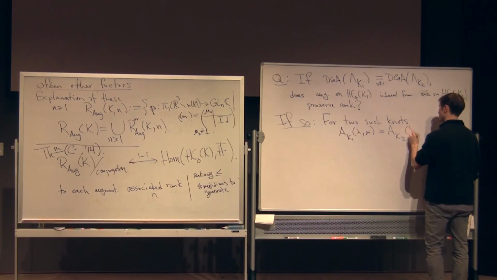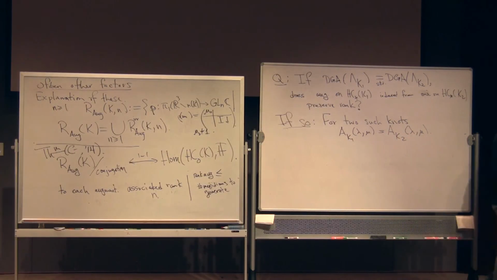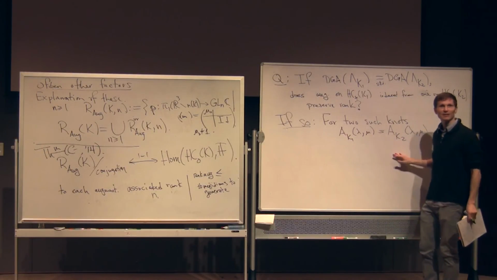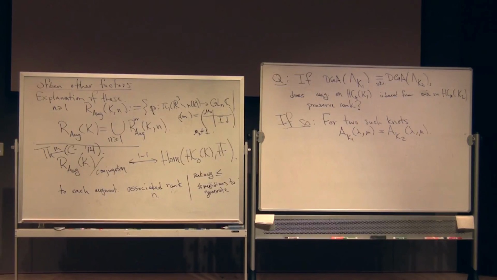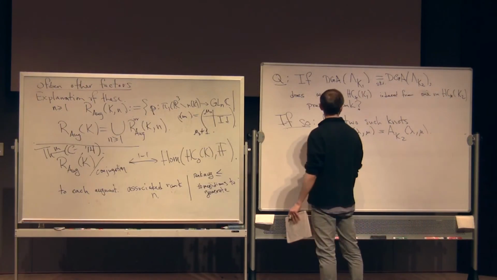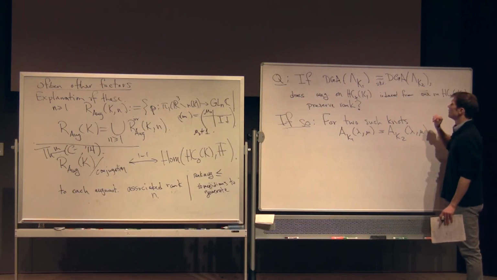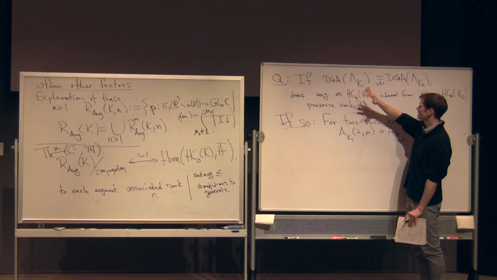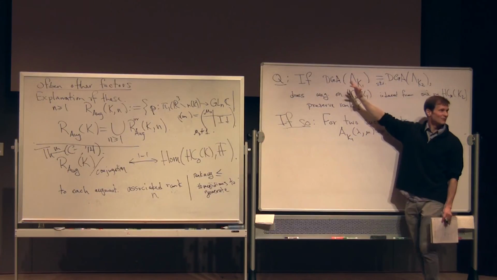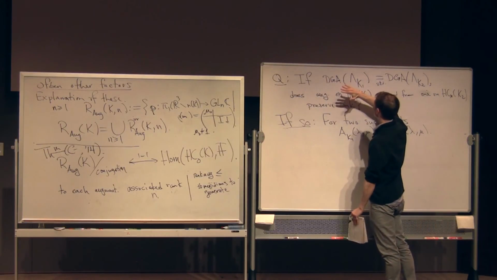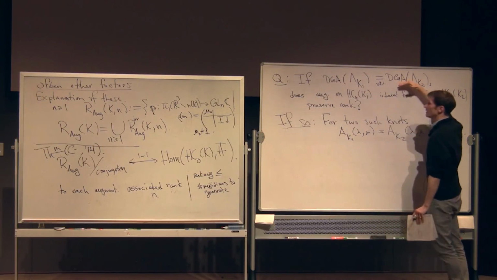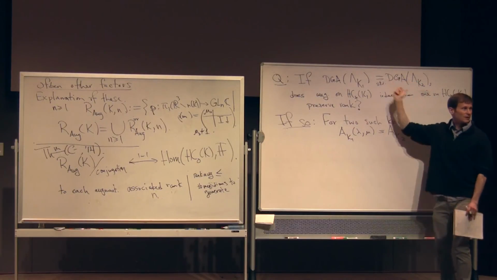Now there was some conversation before about whether this is really just going to say that the A polynomial of a knot is equal to the A polynomial of the same knot, or the A polynomial of its mirror, which would be an equally empty statement. But I do think there's still at least a little bit of question about whether you can have such an equality with two knots that are different.